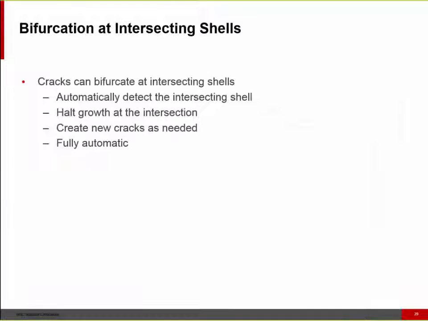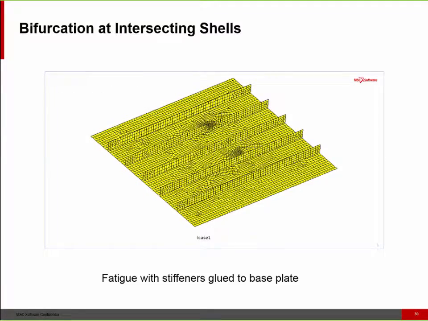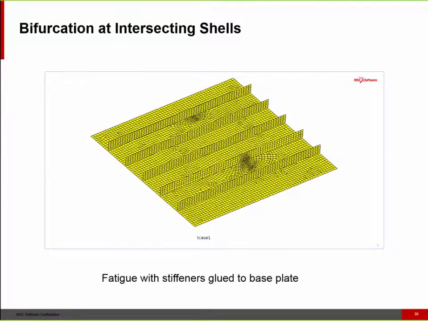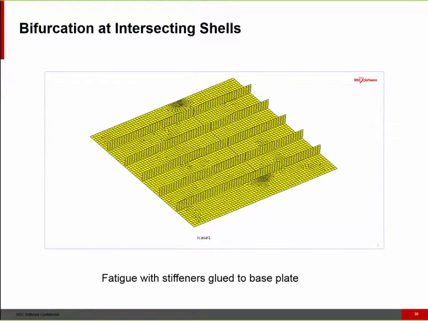For structures with stiffeners, Marc will detect the intersections, halt crack growth at the intersections, and create new cracks automatically. This is an example of crack bifurcation in shell structures with stiffeners.